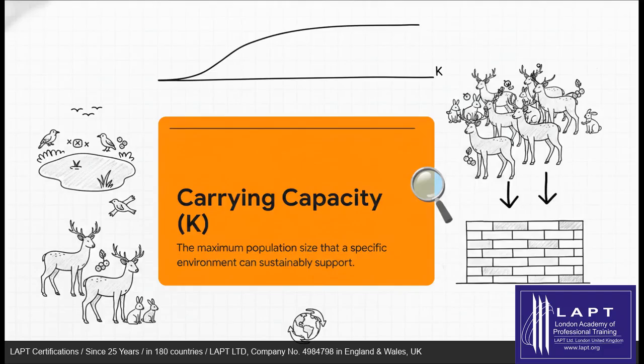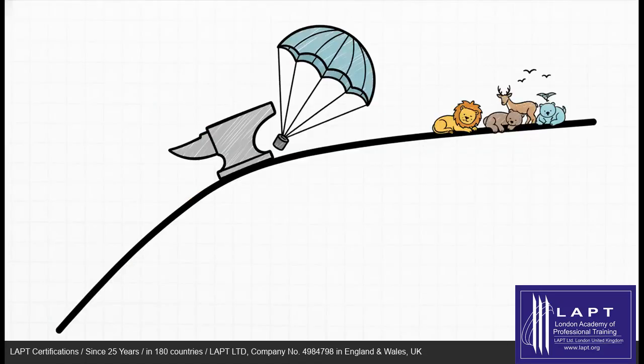You can think of K as the ultimate biological ceiling. It's the absolute maximum population size that a specific environment can sustainably support. Eventually, space runs out, food gets scarce, and this fierce competition just takes over. Basically, K is nature's way of slamming on the brakes. So, to account for this reality, scientists modified our earlier equation into the logistic growth formula.